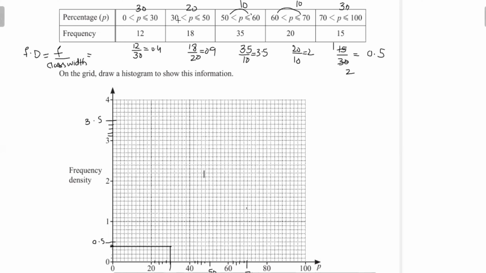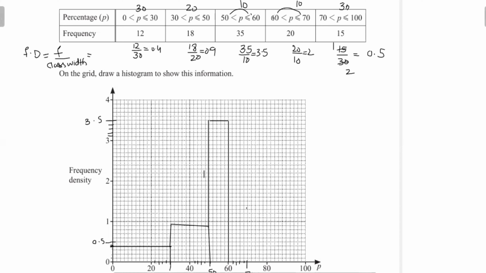The second bar is 30 to 50 and the height is 0.9. Next bar is width 50 to 60 and the height is 3.5, and we will draw the bar of height 3.5.